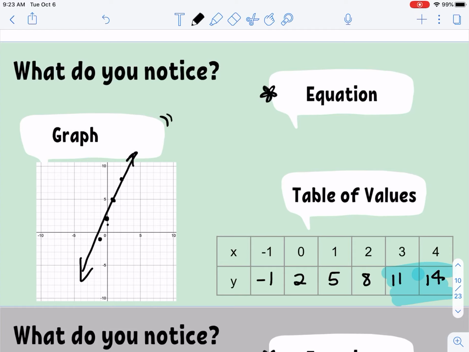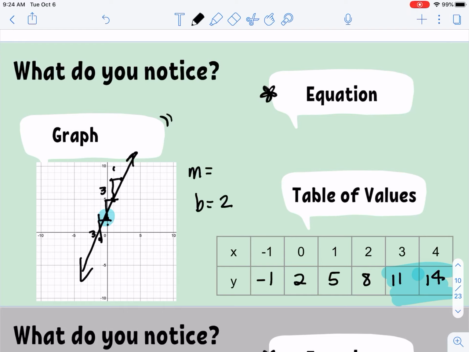But now the question is, what is the equation? Well, I can see clearly here that it crosses at over 0, up 2. So I know that my y-intercept is 2. Maybe it would help me to write b equals 2. And then I have to figure out what m is. Well, from one point to the next, I go up 3, I rise 3, and I go to the right 1.